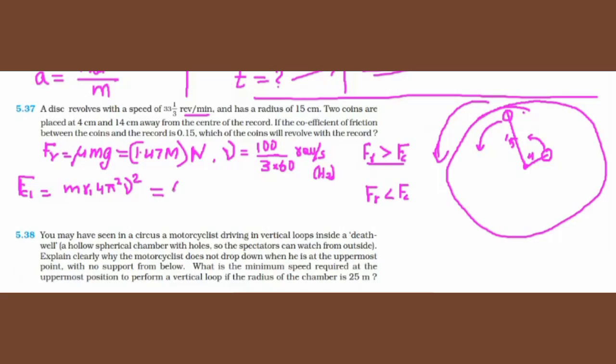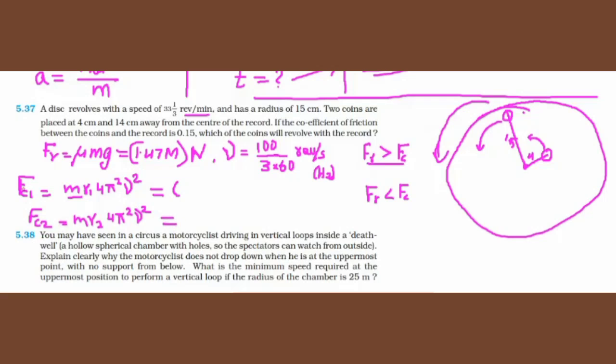Here also you will get the answer in terms of m because we don't know the value of m. Then the same way you calculate FC2 using the same formula, m R2, where R2 is 15 centimeter, convert into meter, then 4 pi square nu square.